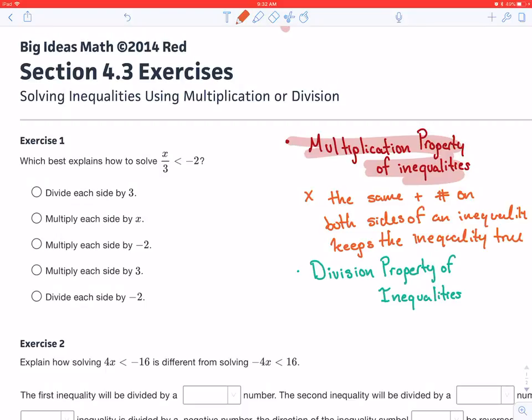So multiplying the same positive number on both sides of an inequality keeps the inequality true, which means that the symbol in the middle stays the same. That less than symbol is still going to be a less than symbol.